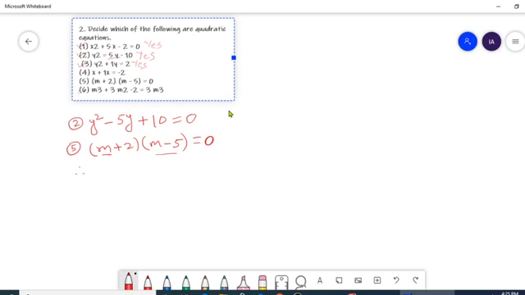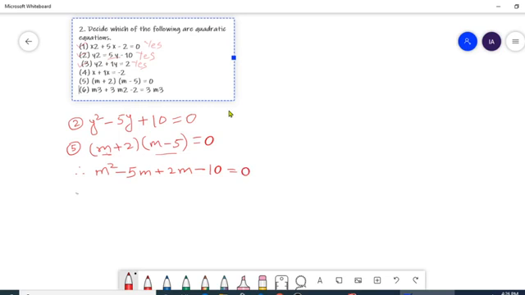So this m will give me m square. Then m into minus 5 will become minus 5m, 2 into m is plus 2m, and minus into plus will become minus, and 2 fives are 10, equals 0.